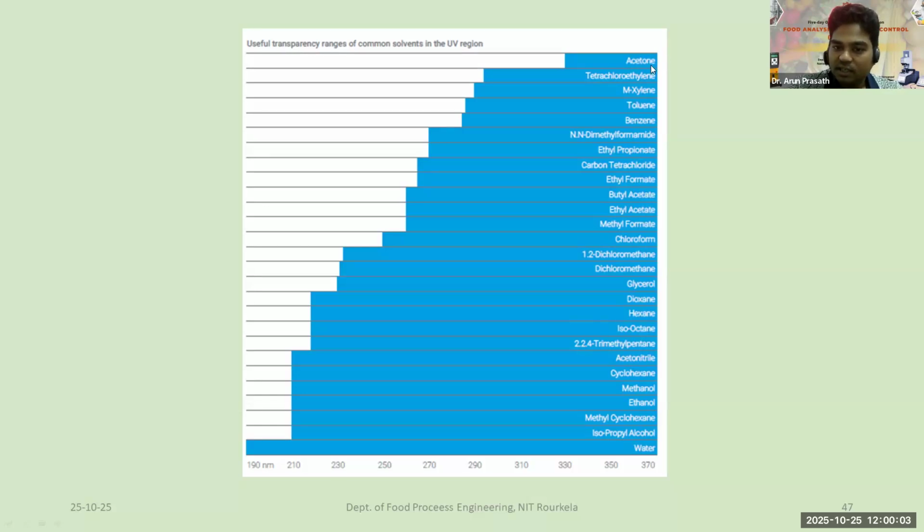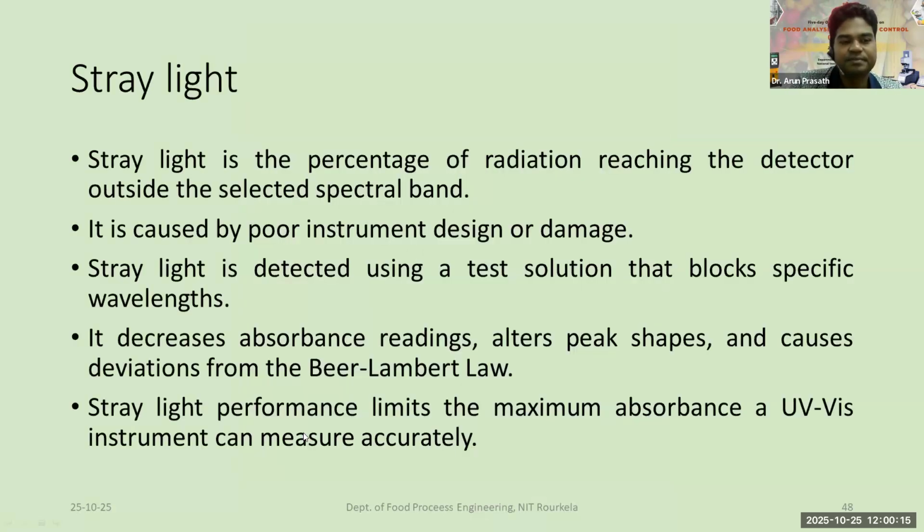Acetone is widely used in HPLC and other chromatography techniques because of its properties, whereas water is widely used in spectroscopy.